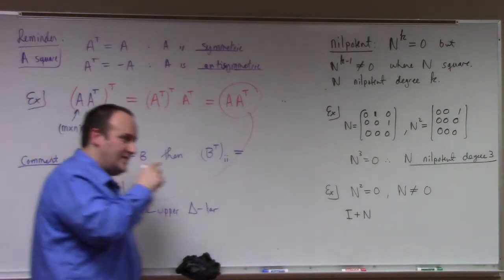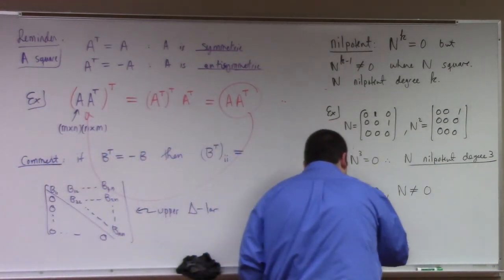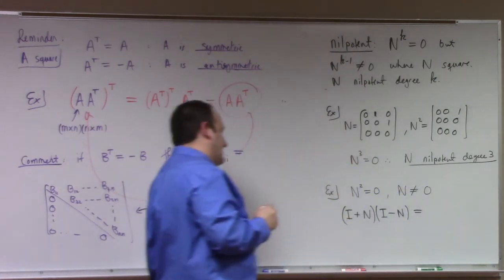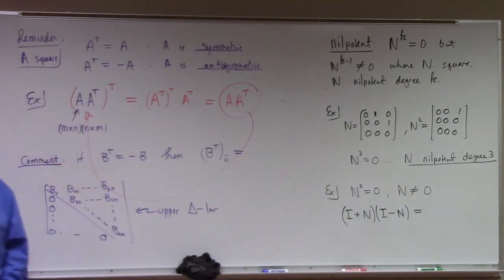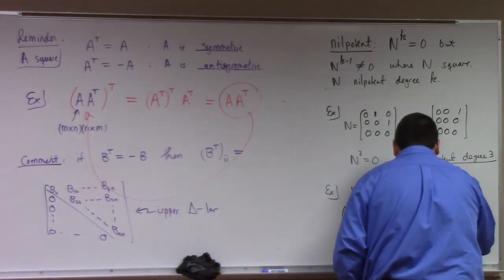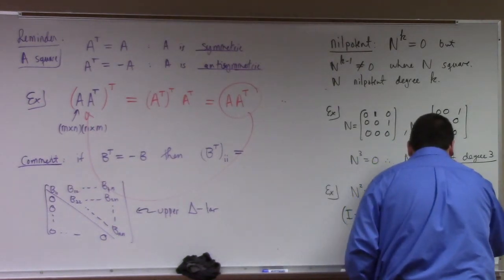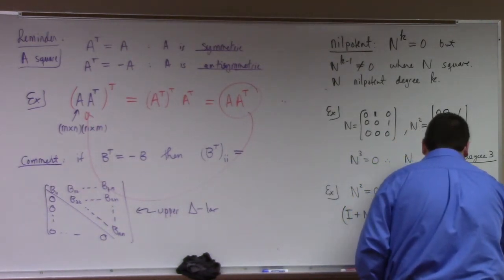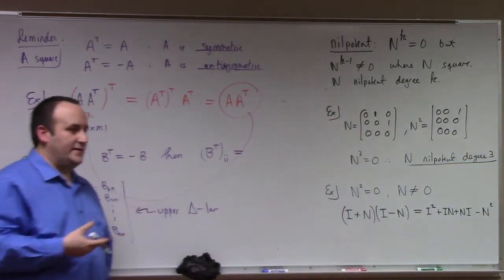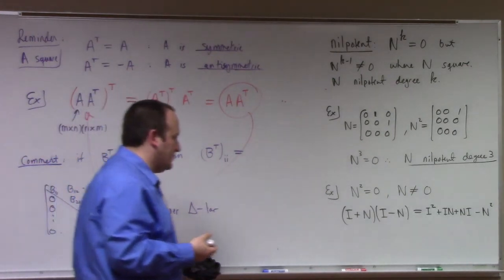Check it out. If I take I plus n, and I multiply by I minus n, what do I get? I get I squared plus in plus ni minus n squared. But in plus ni, oh, I'm sorry, I can't do math. One of those is plus, one of those is minus, right?